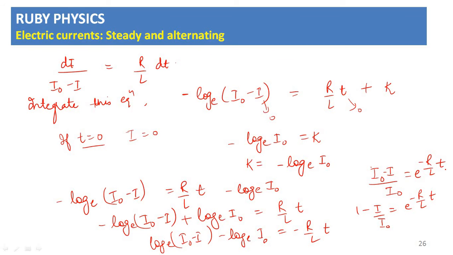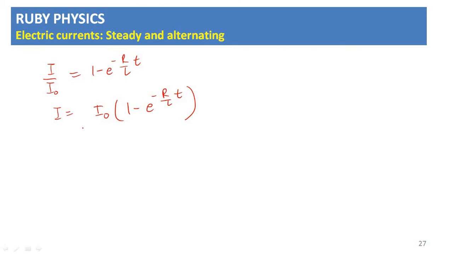Then you can write it as I upon I₀ is equal to 1 minus e to the power minus R by L into t, and so I is equal to I₀(1 - e^(-Rt/L)). Now this term L by R here is tau. This tau is equal to the time constant.